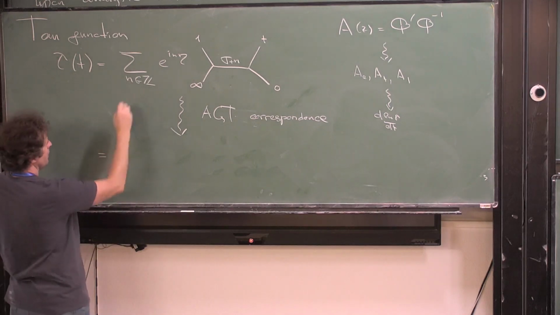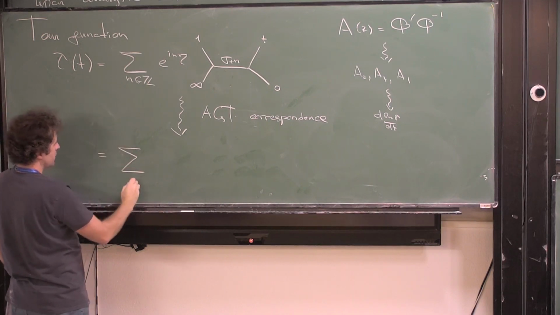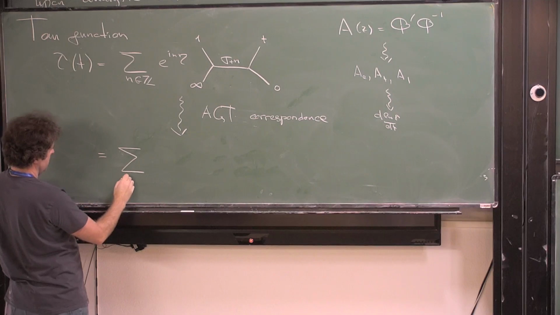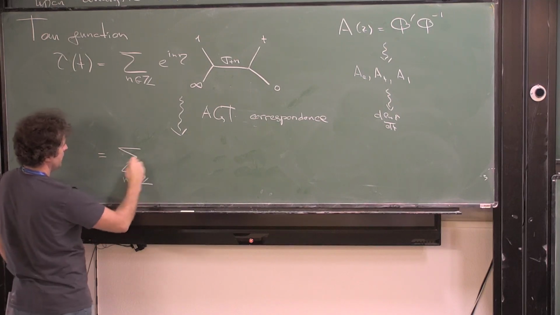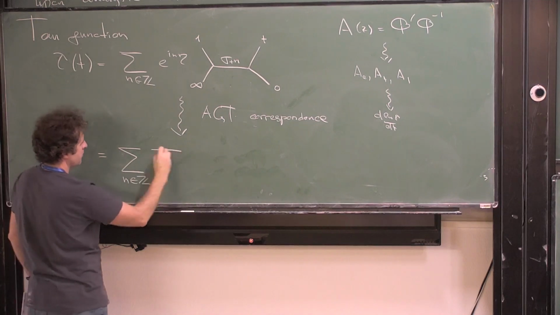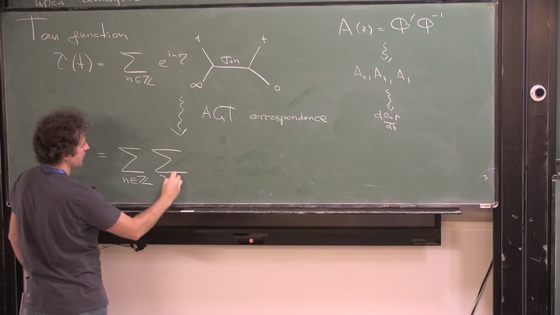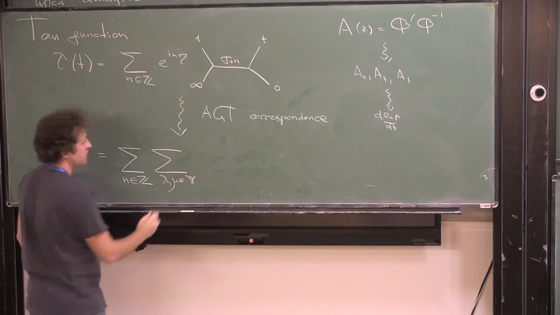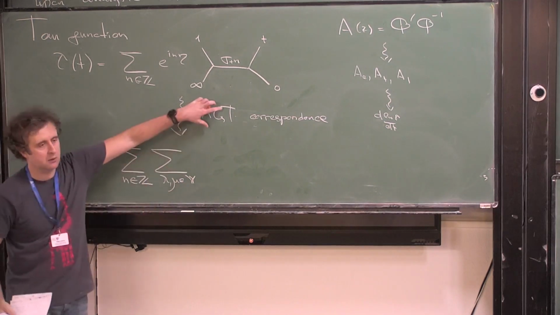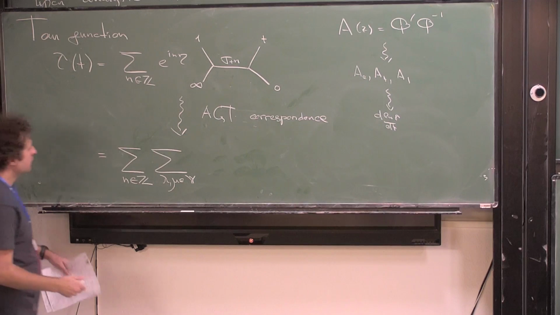So, namely, the ultimate statement is the following. The expression is like this: the Fourier transform, and then you have a double sum over Young diagrams coming from supersymmetric localization.